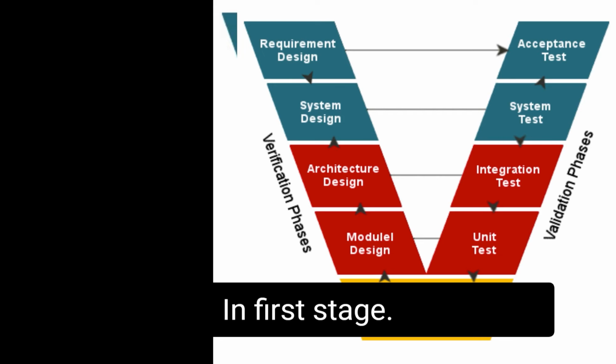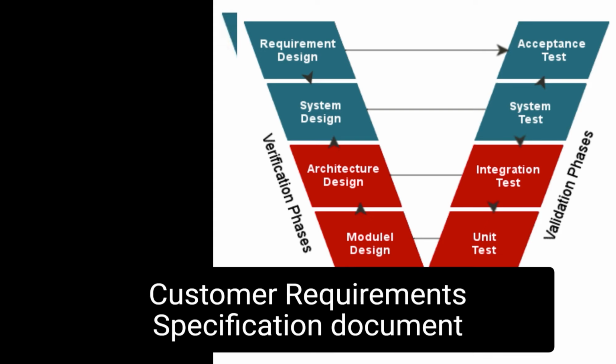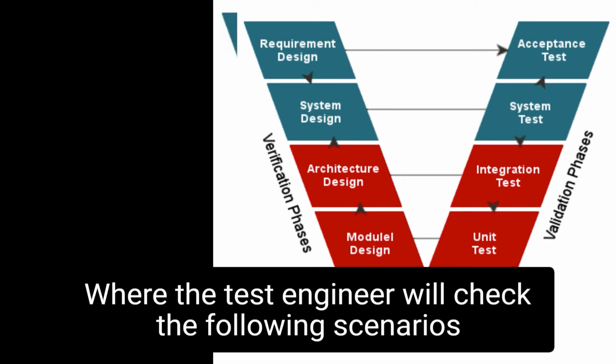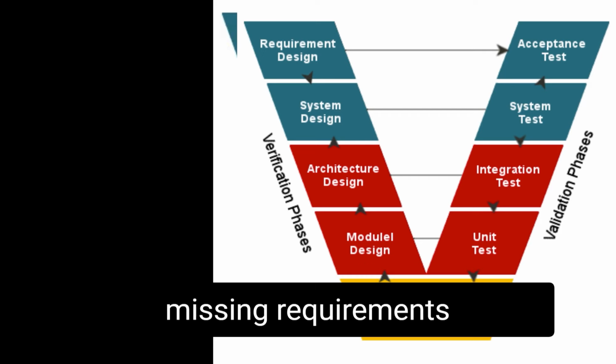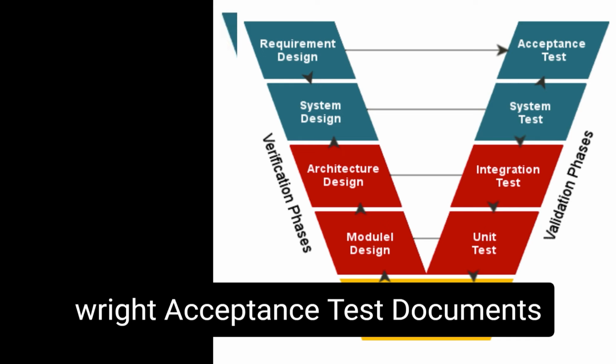In the first stage, it will start from collecting the CRS, Customer Requirement Specification, document from the client by the business analyst, where the test engineer will check the following scenarios. Review the CRS for incorrect requirements, missing requirements, and conflicts in the requirements, and write acceptance test documents.